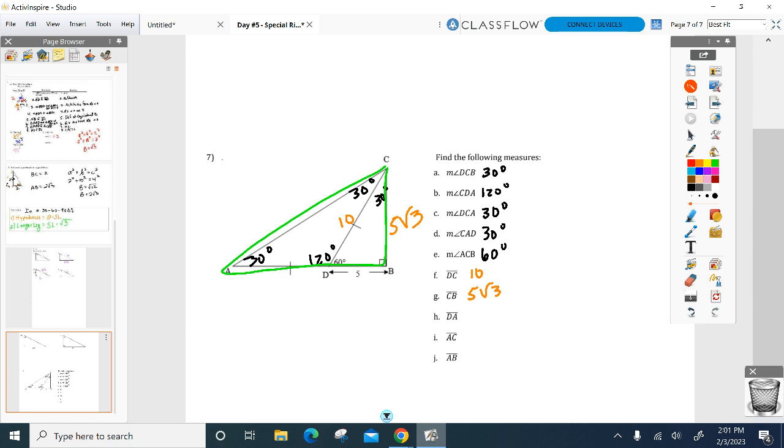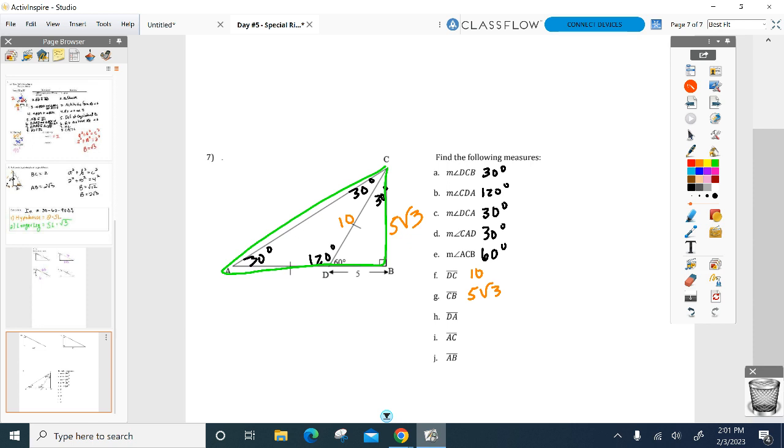Go ahead first. 5 radical 3 then? Oh, I didn't hear you say that. I don't like what you said.